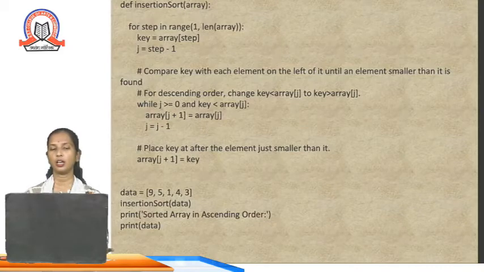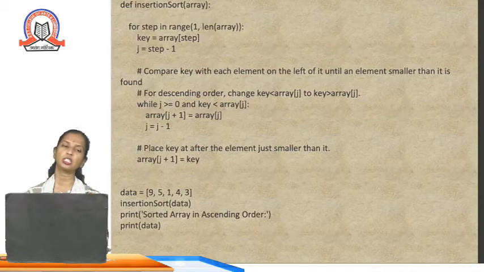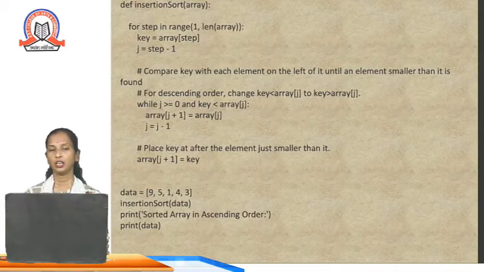This function is also written in the language Python, and after the data is arranged in ascending order, the list is modified, that is, the data present inside the list is modified, and it is also displayed.